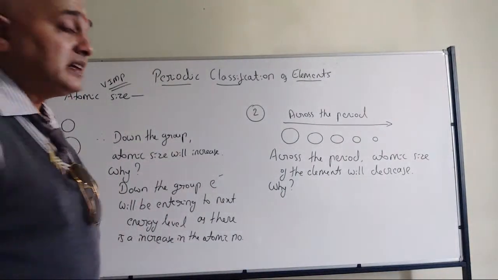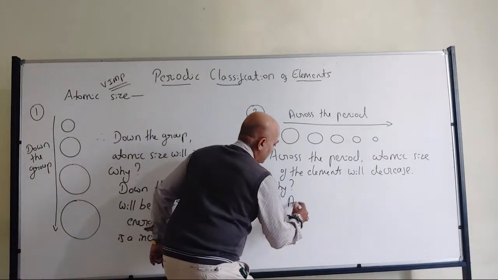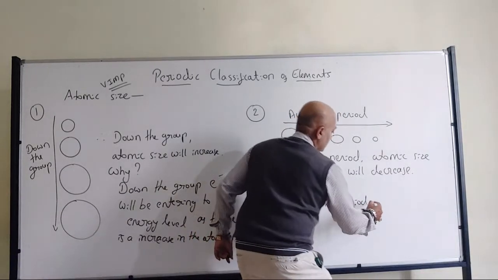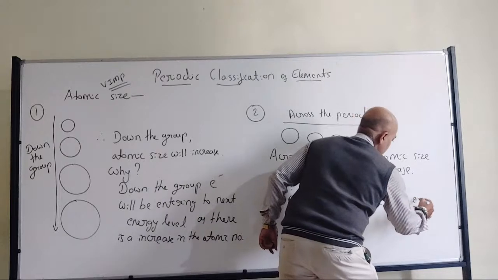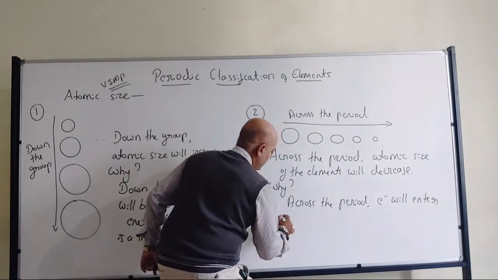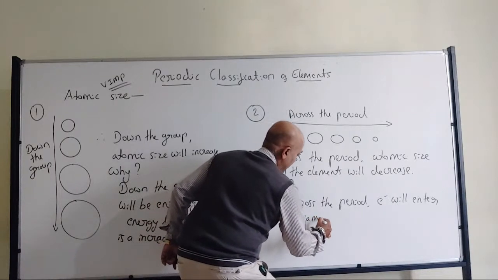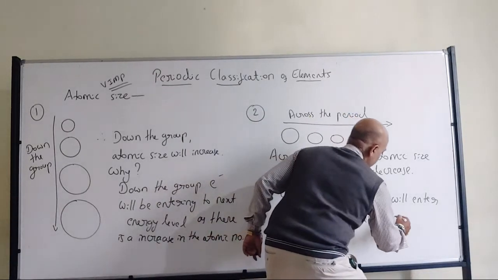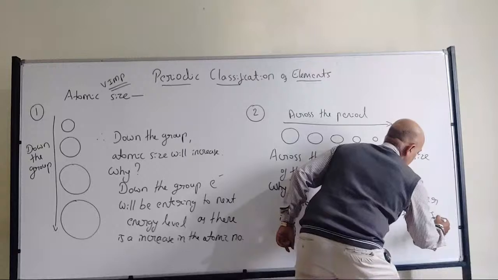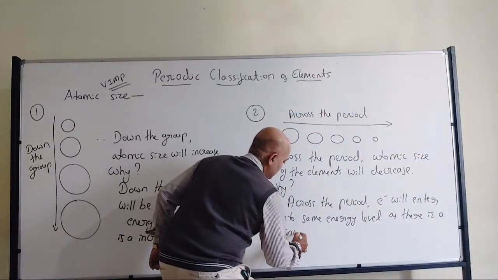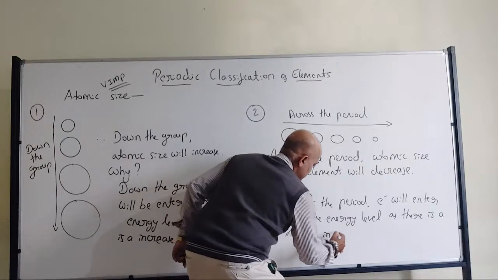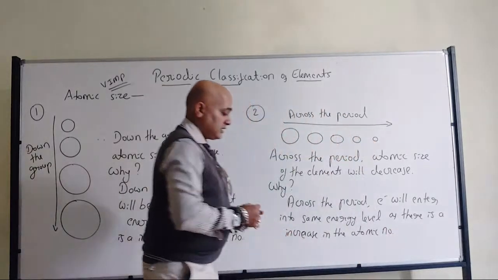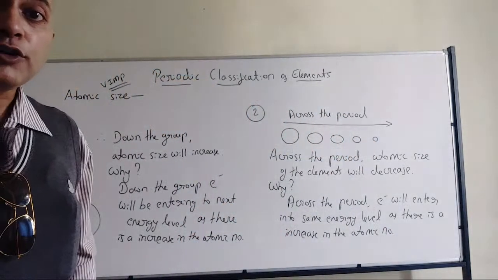What is the reason? Across the period, electrons will enter into the same energy level as there is an increase in the atomic number.